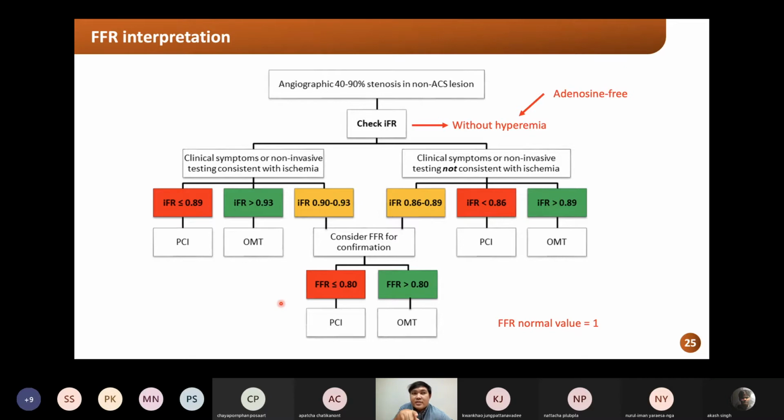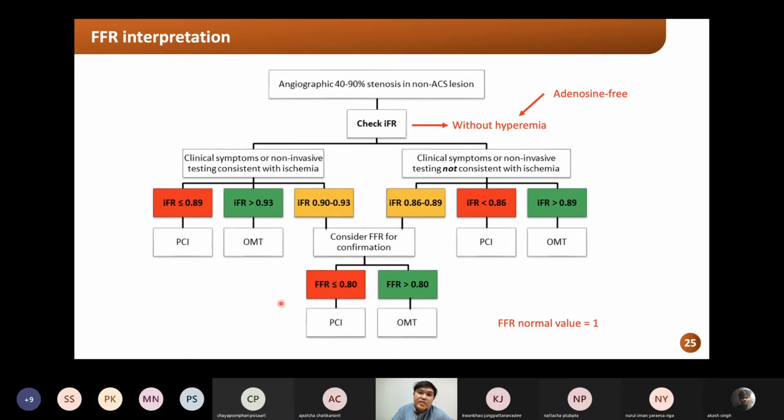So the doctor might check the iFR. iFR is the same way as FFR, but it does not measure the perfusion at hyperemia, so you don't inject adenosine.